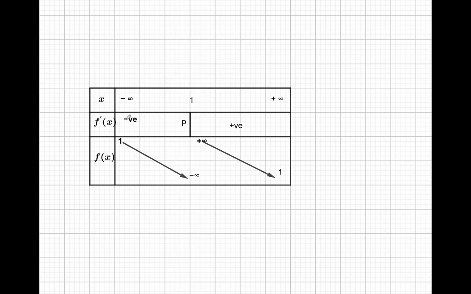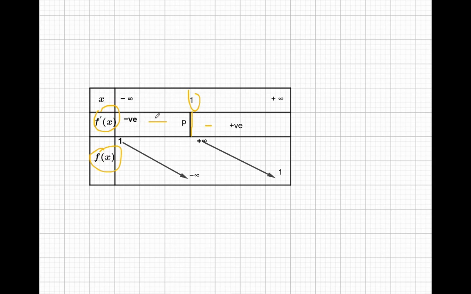And again, we have f prime here, and we have f which shows the behavior of the curve as it approaches near its asymptote, and then f prime is the sign study. 1 here is the critical point on the curve since it vanishes completely at 1.